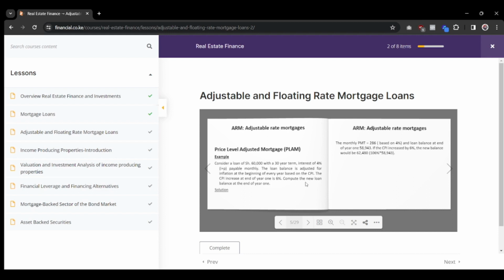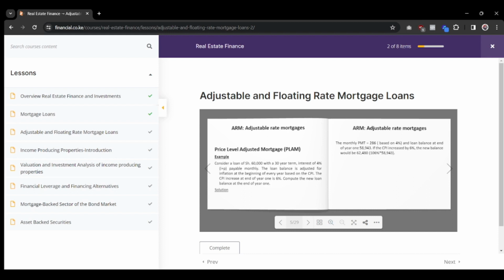The loan balance is adjusted for inflation at the beginning of every year based on the consumer price index, or rather CPI. The CPI increase at the end of year 1 is 6%. Compute the loan balance at the end of year 1.